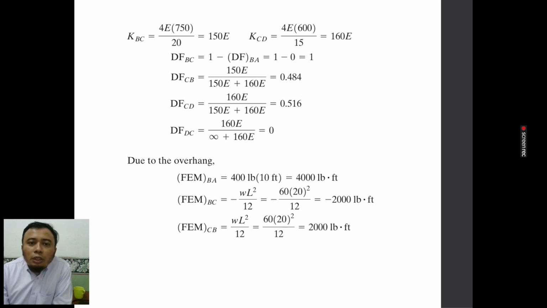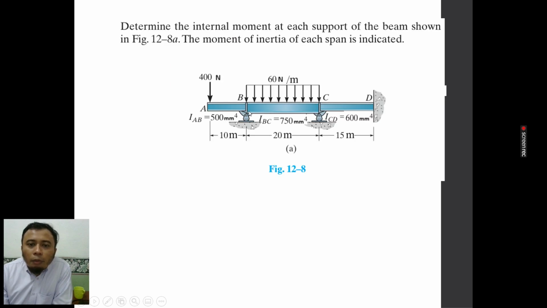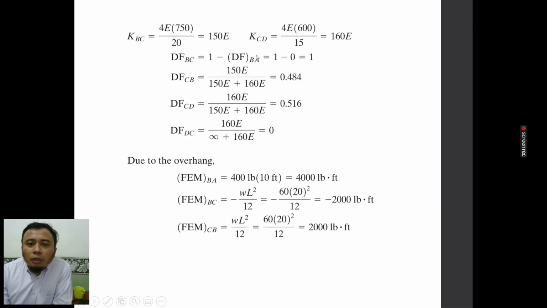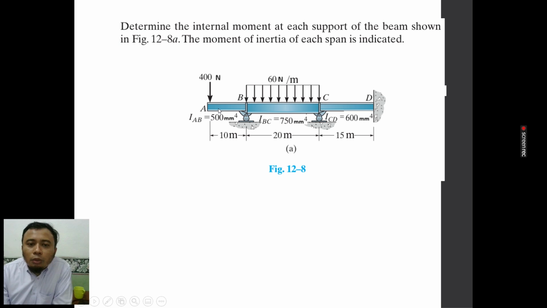This is due to the distribution factor of BA from B to A being 0, because you cannot distribute your moment towards the overhang. There is no support here, so moments cannot be transferred to a support. Basically, it will be deformed. So based on that, you have your distribution factor for BA is 0.